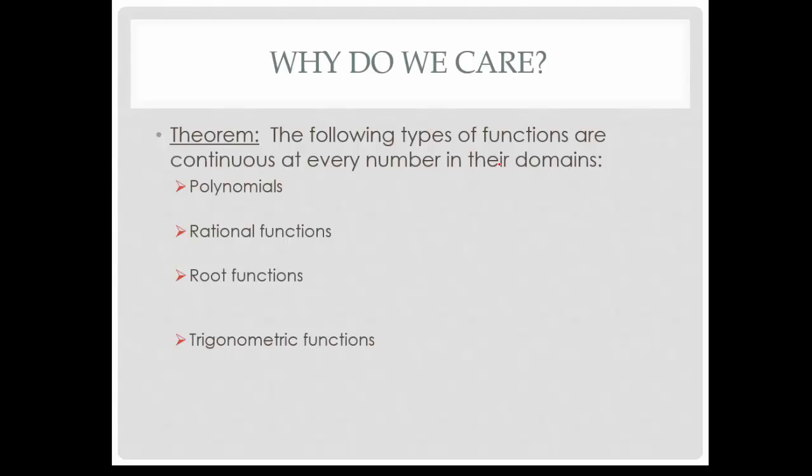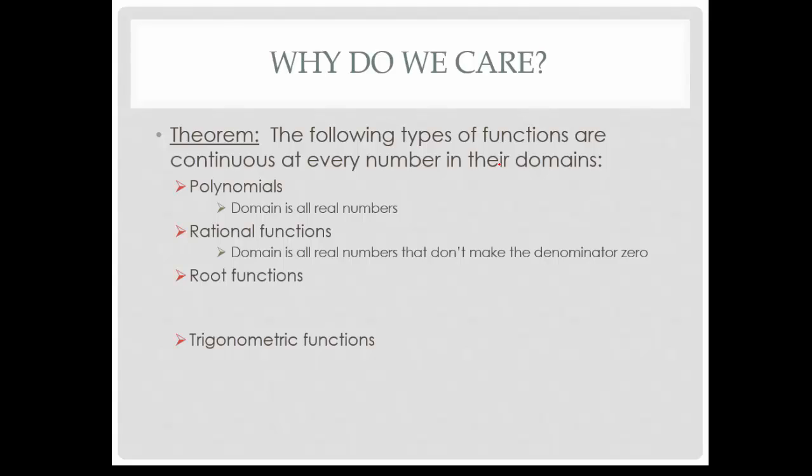And before we discuss why this is important, let's remind ourselves of what the domains of these functions are. Polynomial functions, domain is all real numbers. We love polynomials, they've got great domains. Rational functions aren't too bad. They also have a domain of all real numbers as long as the number doesn't make the denominator equal to 0. Those are the only numbers you need to take out.